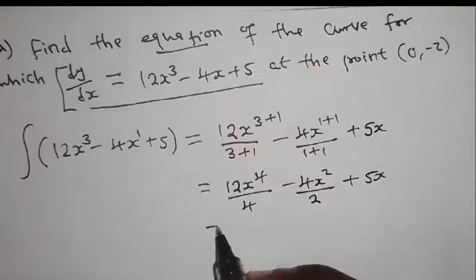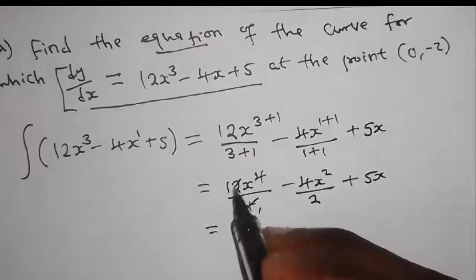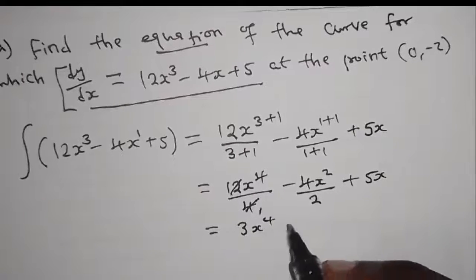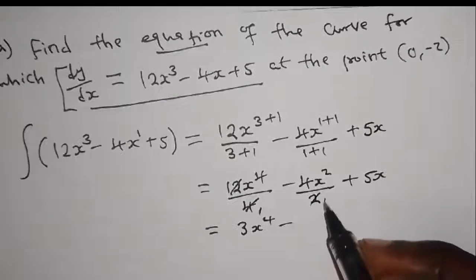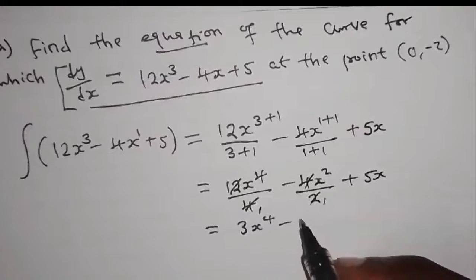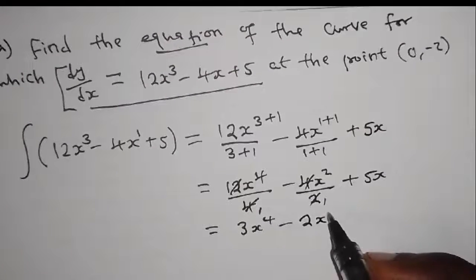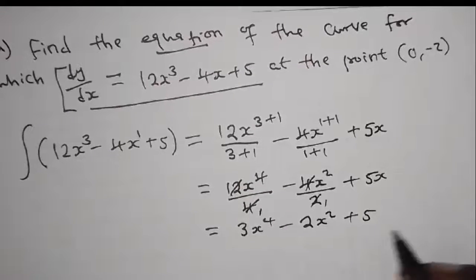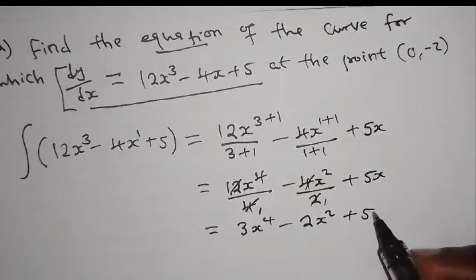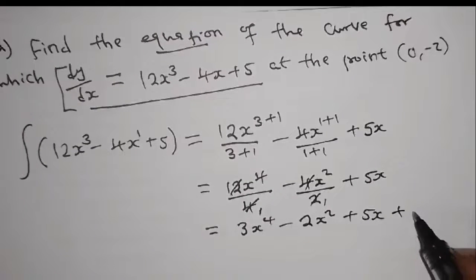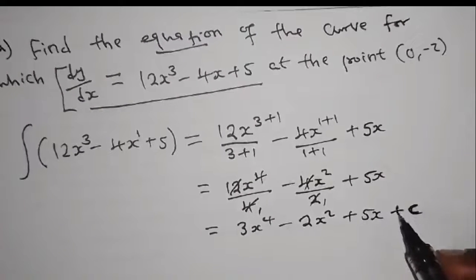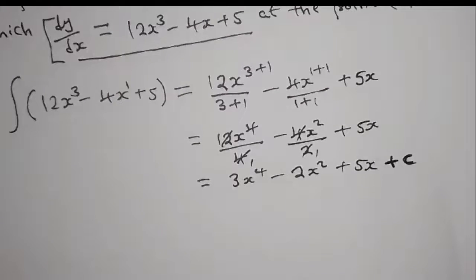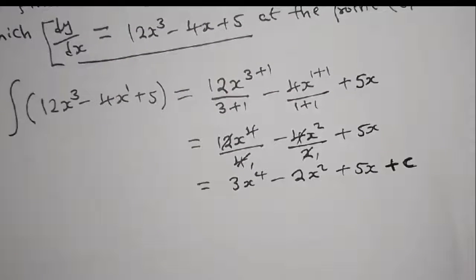Okay, so we know that 4 into 12 is just 3x to the power 4, minus 2: 2 into 4 is just 2x to the power 2 plus 5x. Now once you reach this point, you are done, and then, since this is an indefinite integral, you add a constant c, which we call arbitrary c.